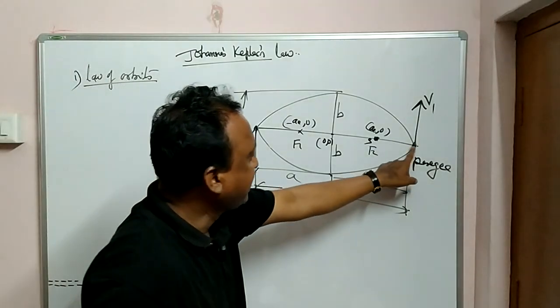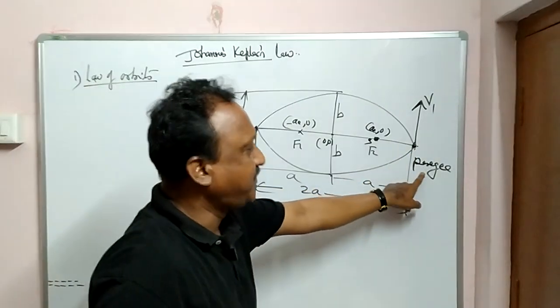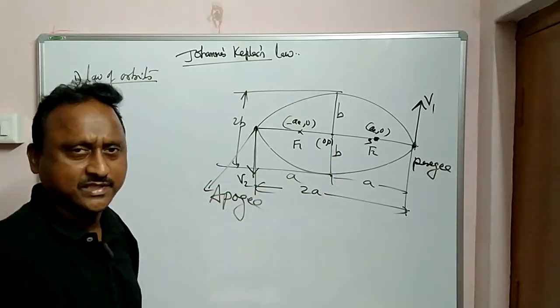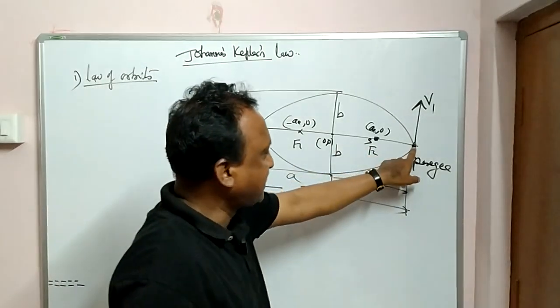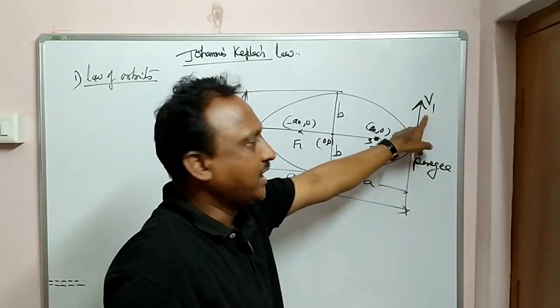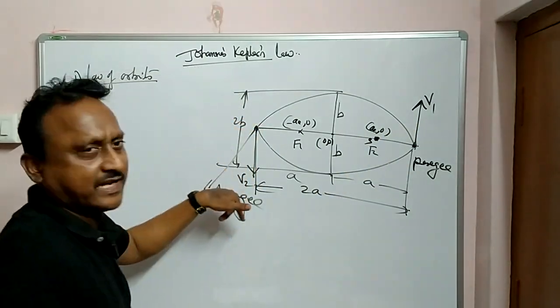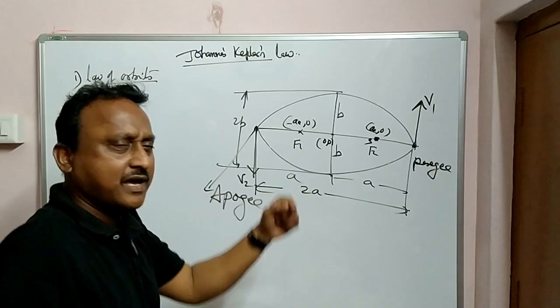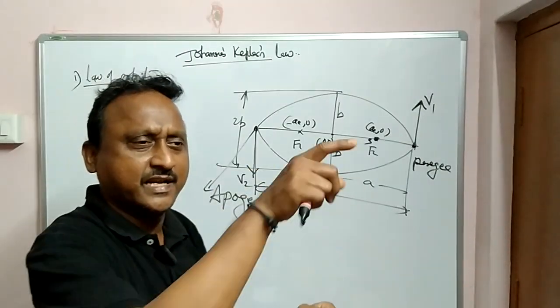When the planet is very near to the sun, it is called perigee. When the planet is far away from the sun, it is called apogee. And when it is nearer to the sun, the velocity is more, and when it is away from the sun, the velocity is less. So according to the first law, each planet should revolve around the sun in an elliptical orbit, with the sun being one of the foci of the ellipse.